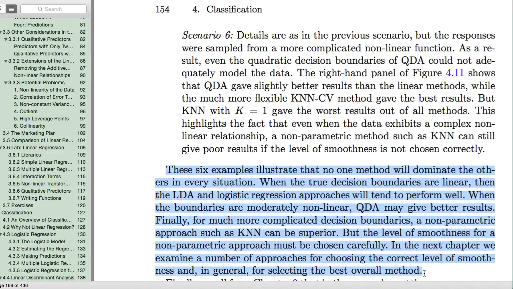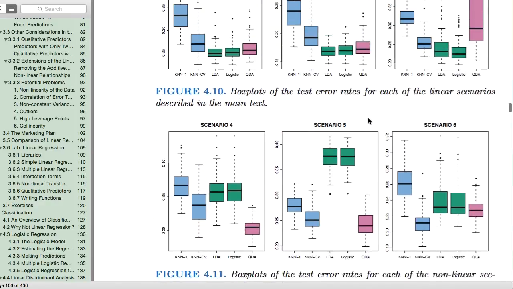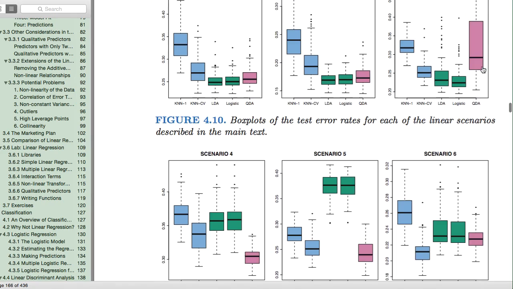If the boundaries are moderately nonlinear, quadratic may be better. And for much more complicated decision boundaries, a non-parametric approach may be better. But if you use a non-parametric approach, you have to be very careful about the level of smoothness that you choose, and that becomes an issue in some of the ones where the errors are worse, like this one, which is predicated on a bad choice, I think.